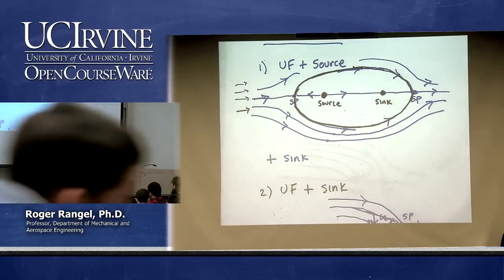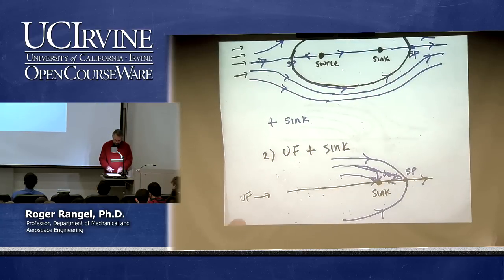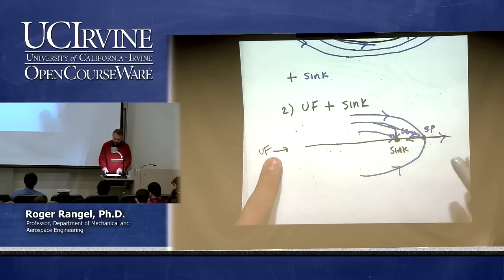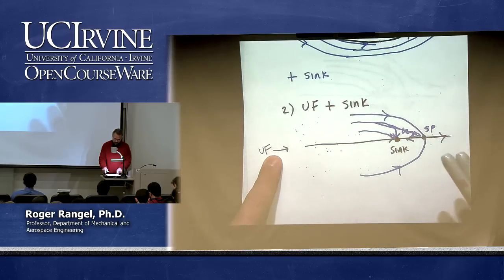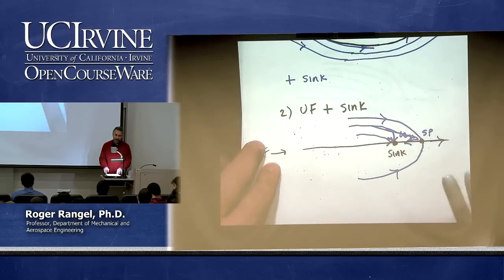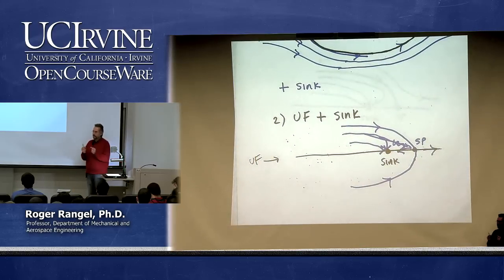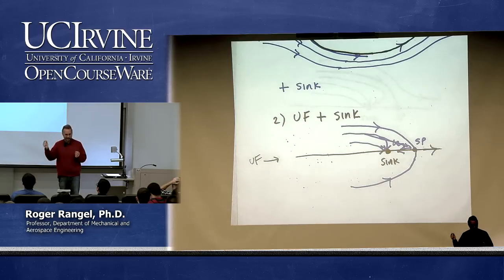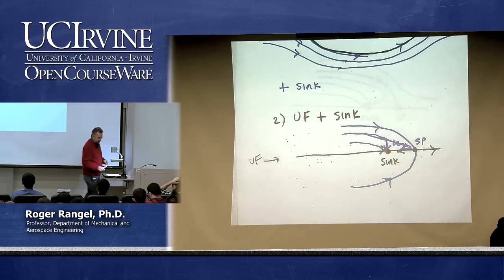You wouldn't get a closed streamline. So uniform flow is still from left to right. There is a sink here and a source there. Yeah. I don't believe you get a closed streamline, but I would have to look into it. But yes, again, the procedure would be to find the stagnation points and see if there is a closed streamline that comes through that stagnation point.